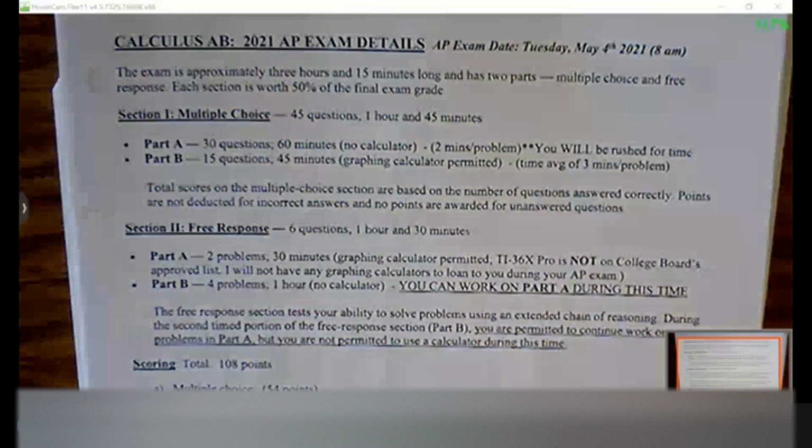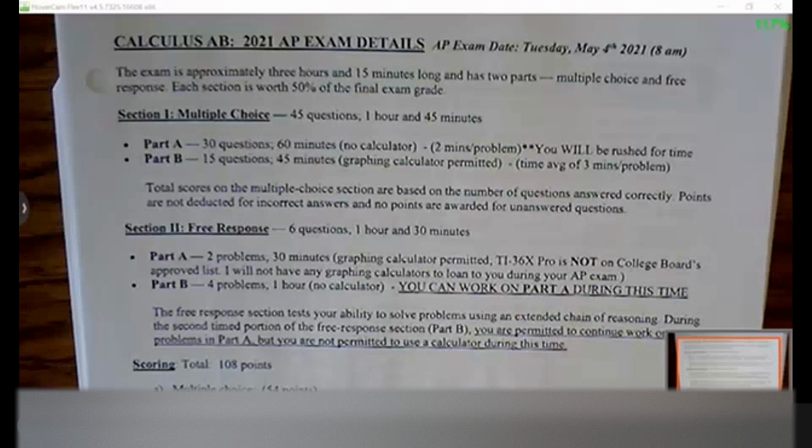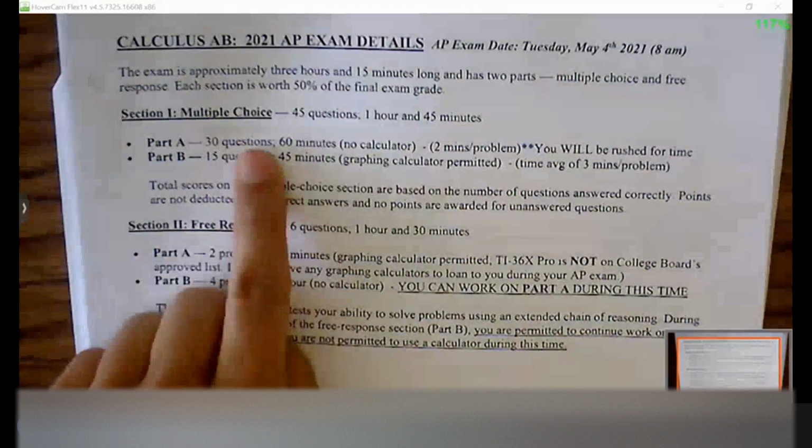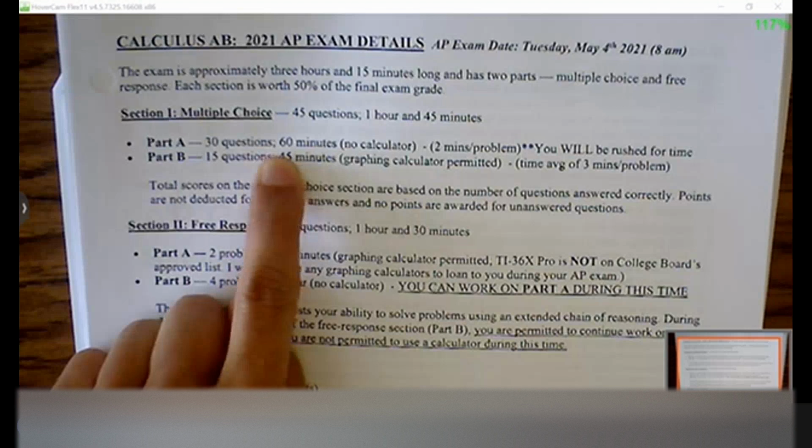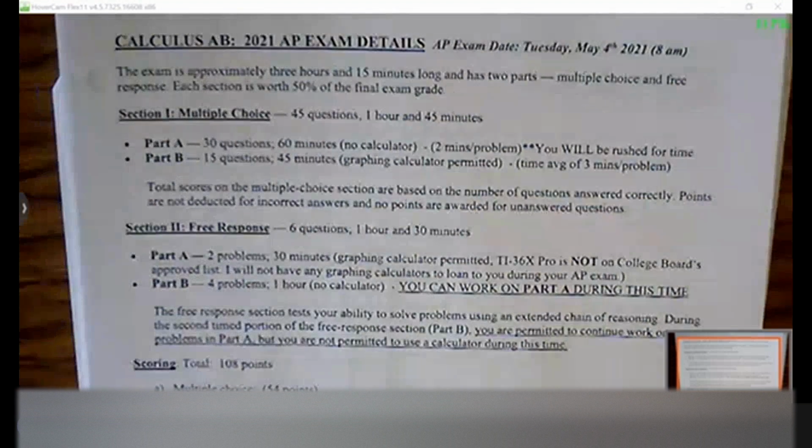Just understand that going into the exam, in that first part, you're going to feel that time crunch. Everything after that is going to feel a little more relaxed in terms of the amount of time that you have, but that very first part, you're going to be rushed. So prepare your mindset for that.